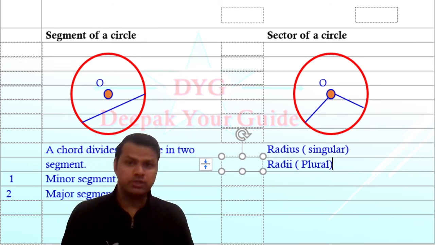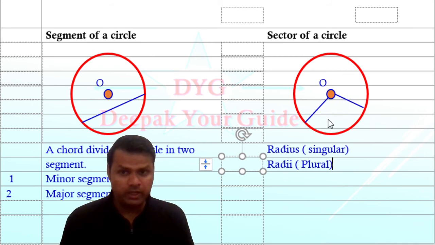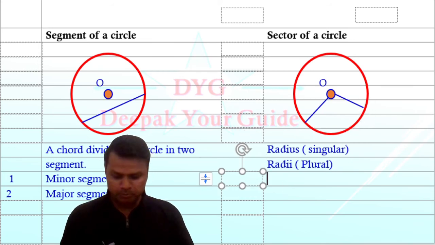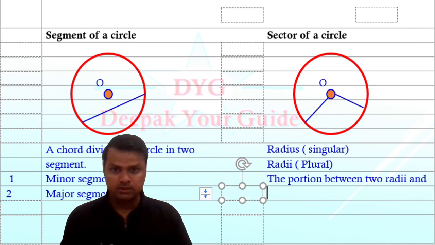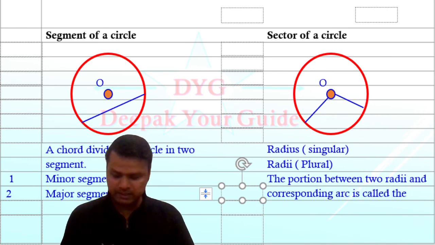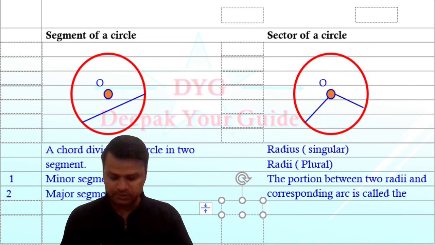So which is the portion? The part that you see between the radius and the arc, this is the part that we see. So the portion between two radii and corresponding arc is called the sector of a circle.